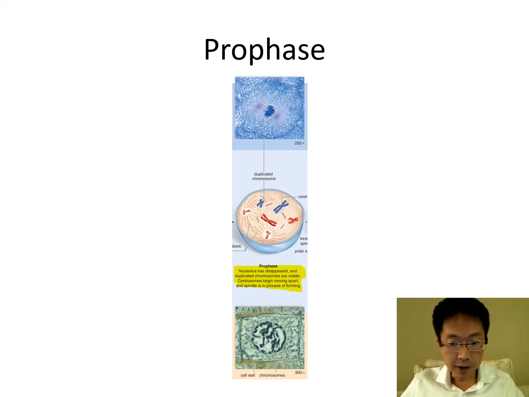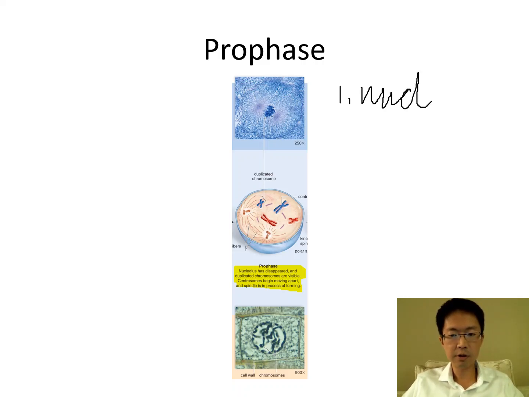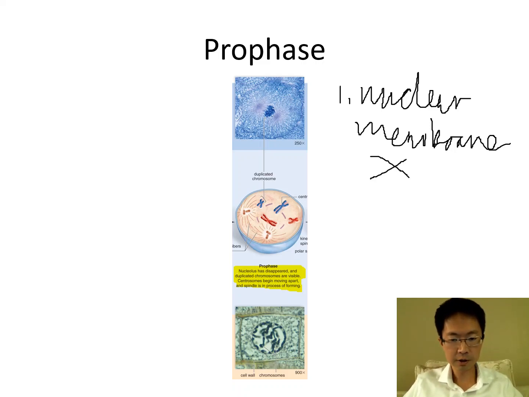During prophase, first thing is that the nuclear envelope disappears, or you can call it dissolves, nuclear envelope or nuclear membrane. The nuclear membrane disappears. Well, I just put a cross here. Cross meaning it's gone.